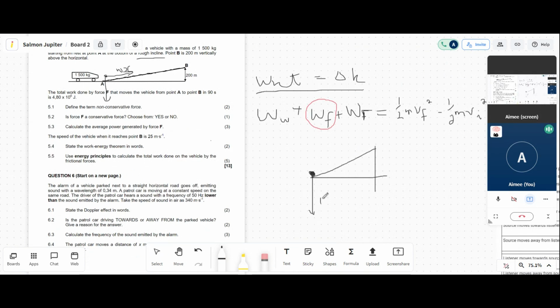So your mass is 1,500 kilograms. We want to convert it to a weight. Weight is equal to mass times gravitational acceleration. So we multiply by 9.8, which means that our weight comes to 14,700 newtons.